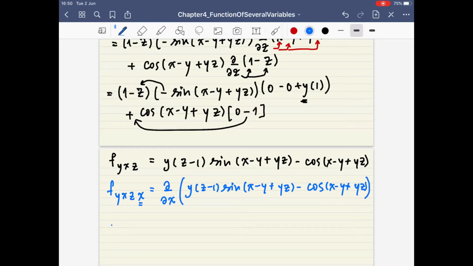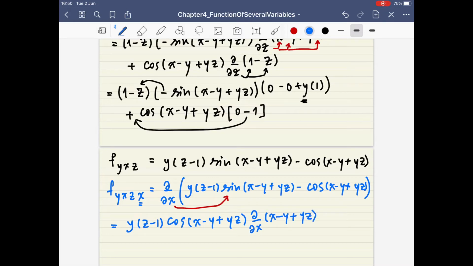Okay, so here there are no x in this function, right? So you can just pull it out from the derivative. So you got y(z minus 1), and then the derivative goes directly to the sine, which you have cosine of x minus y plus yz, and the derivative of the angle inside.